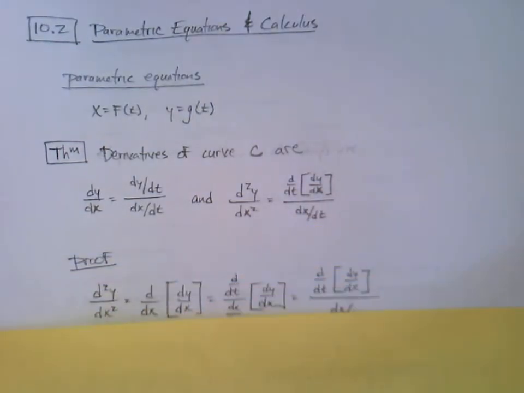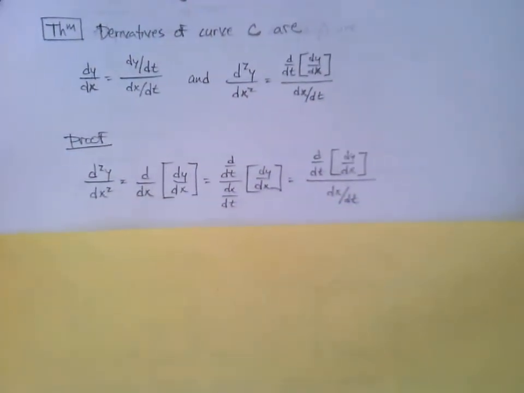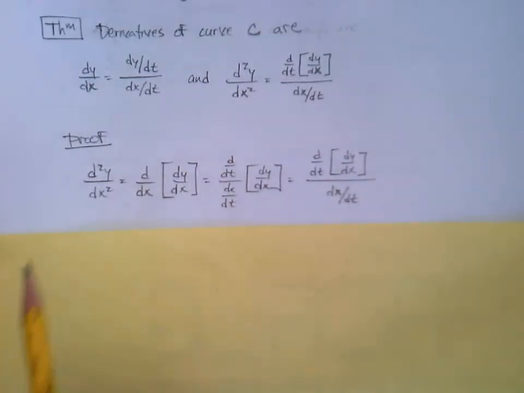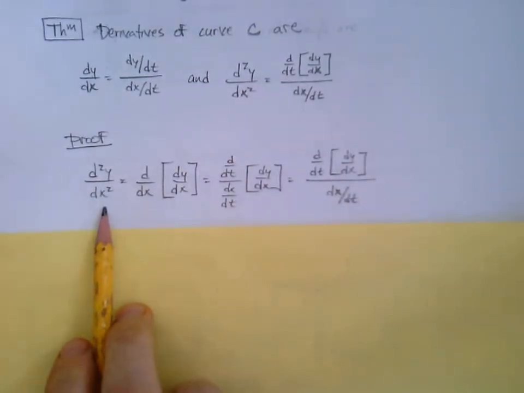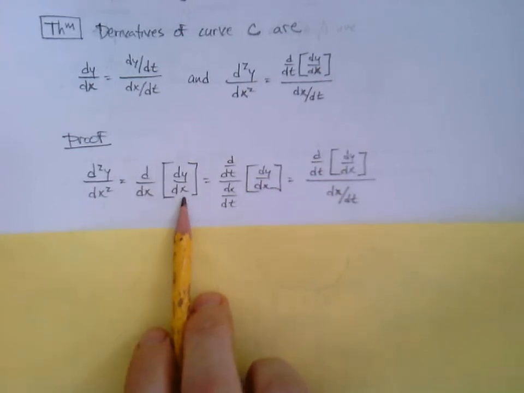Here's why. Just a very, very brief proof, but this sort of thing is going to be insightful when it comes to the integrals and all that also. So I show it to you. The second derivative, so think of it as taking the derivative of the first derivative, but we're used to thinking d over dx applied to dy over dx.